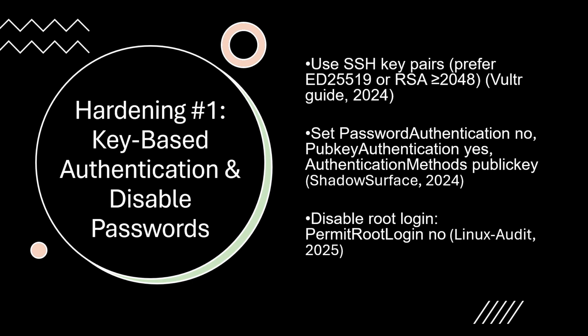Also, disable root logins. According to security guides from Linux Audit and Shadow Surface, these steps eliminate 99% of brute force attempts. Given SmartCat's findings about key leakage, it's also vital to protect private keys with passphrases and restrict file permissions.